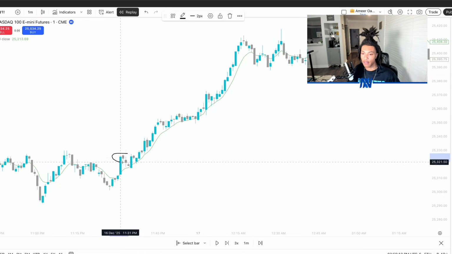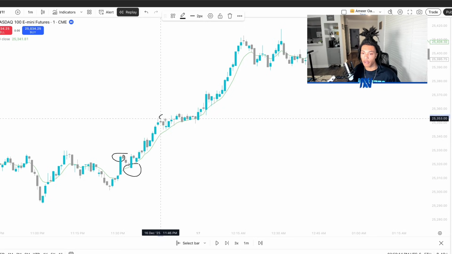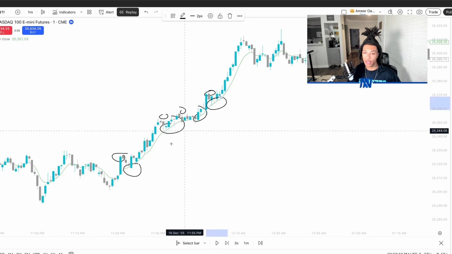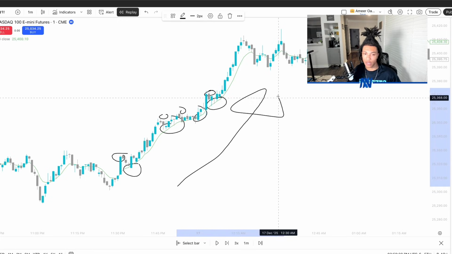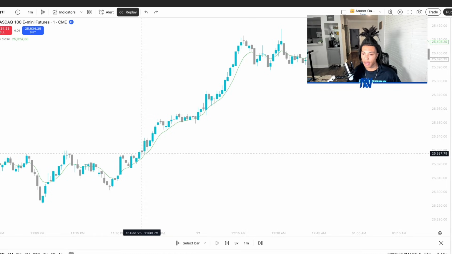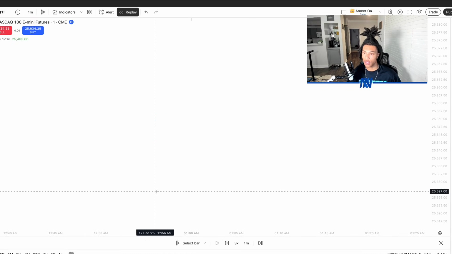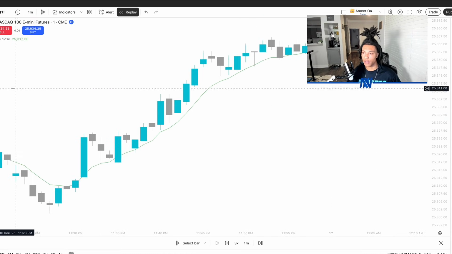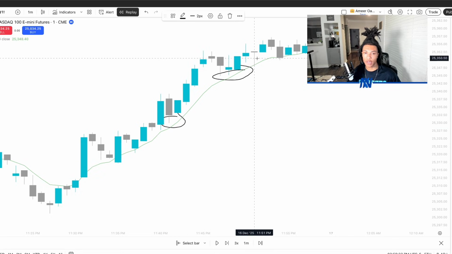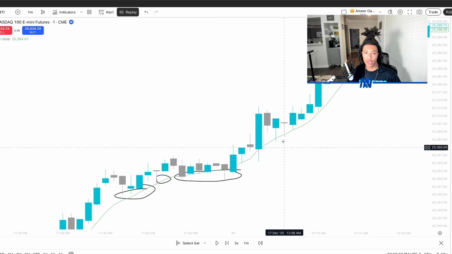For example, we have higher highs and higher lows being formed over this 8 EMA, numerous higher highs and higher lows, many entry opportunities going to the upside, and we have numerous rejections off this 8 EMA. So let's go ahead and zoom in. Rejection here, rejection, 3 rejections here, 4 rejections, hovering over the 8 EMA, still respecting it.